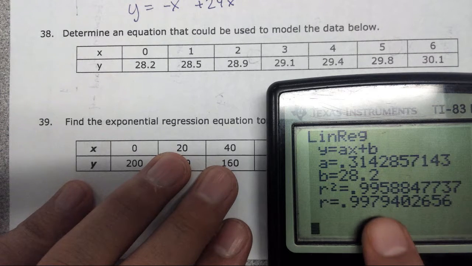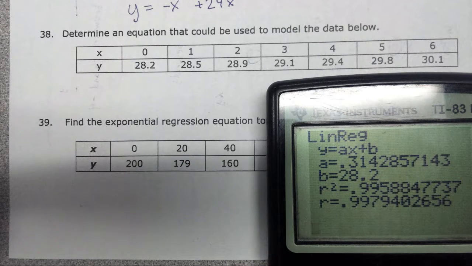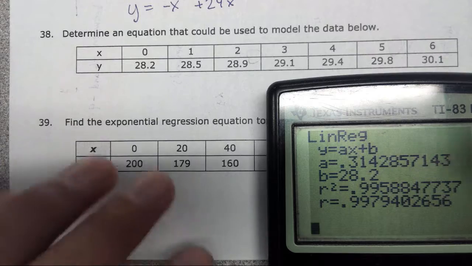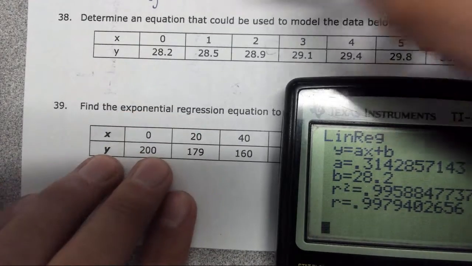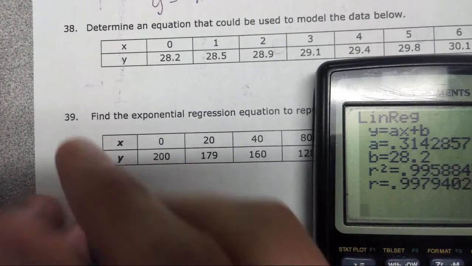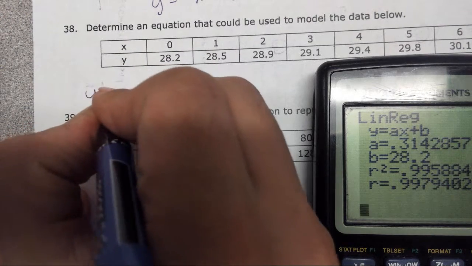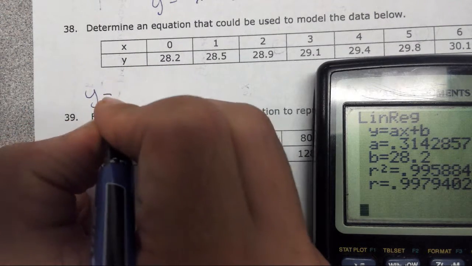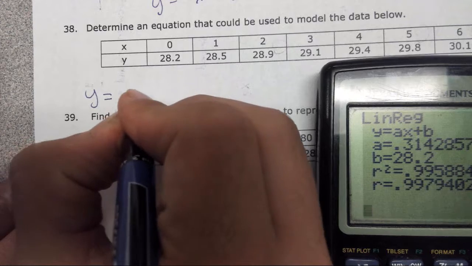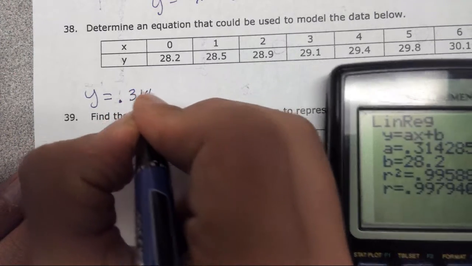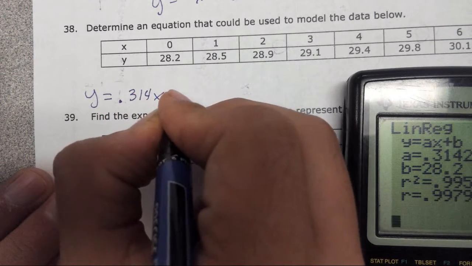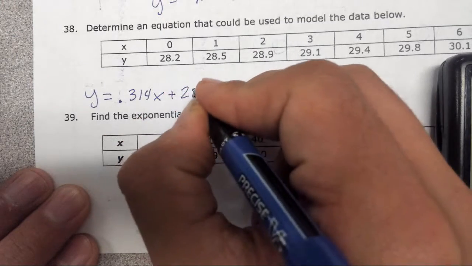And I see the R value is 0.9979. So it's pretty good. So we're going to go ahead and go with this. And we're going to have y equals 0.314x plus 28.2.